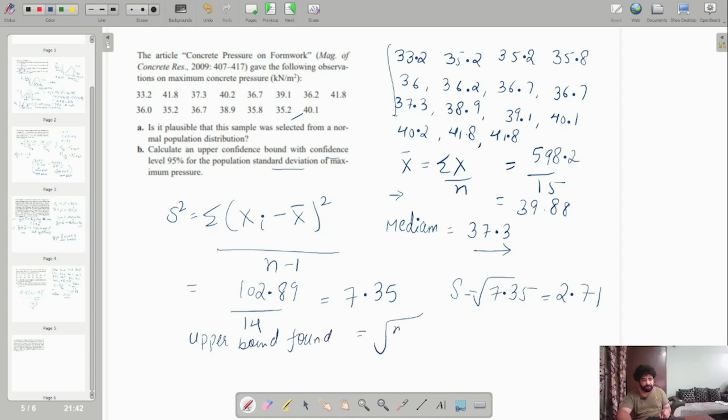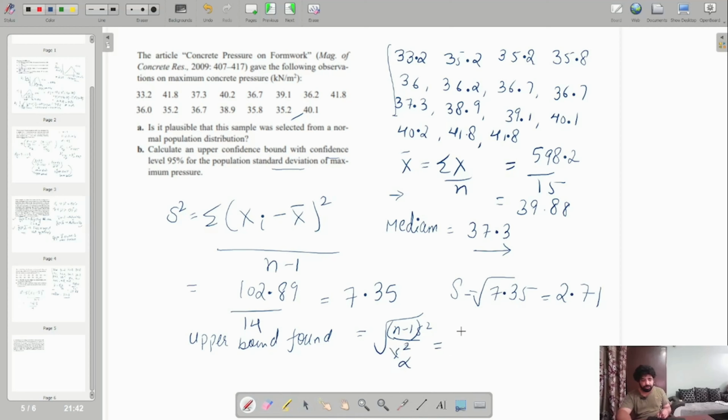So this is going to be n minus 1 times s square over chi square alpha by 2. But in this case, since I have to only find out the upper bound, I can actually just write down here chi square alpha.